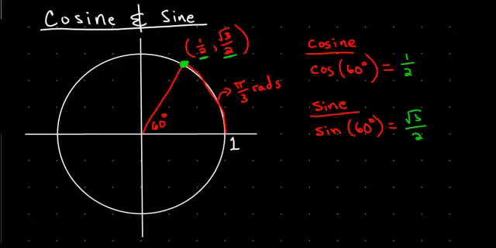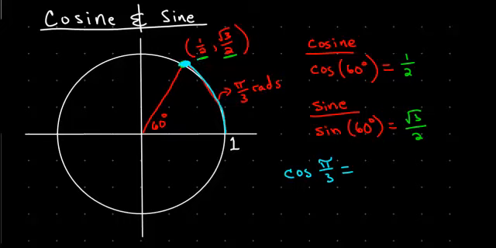We can also look at the cosine of pi over 3 rads. Cosine of pi over 3, well, you think of that as going a length of pi over 3 around the unit circle, and get to that point, look at the coordinates.